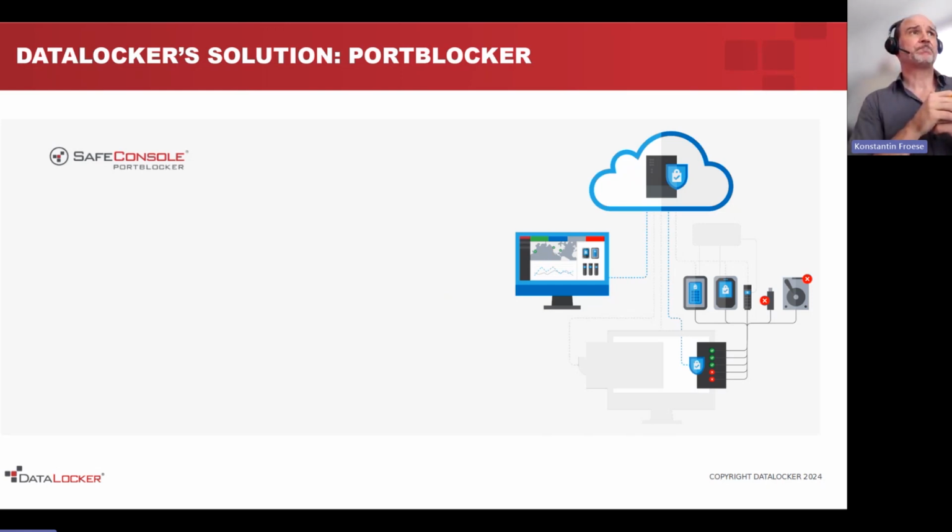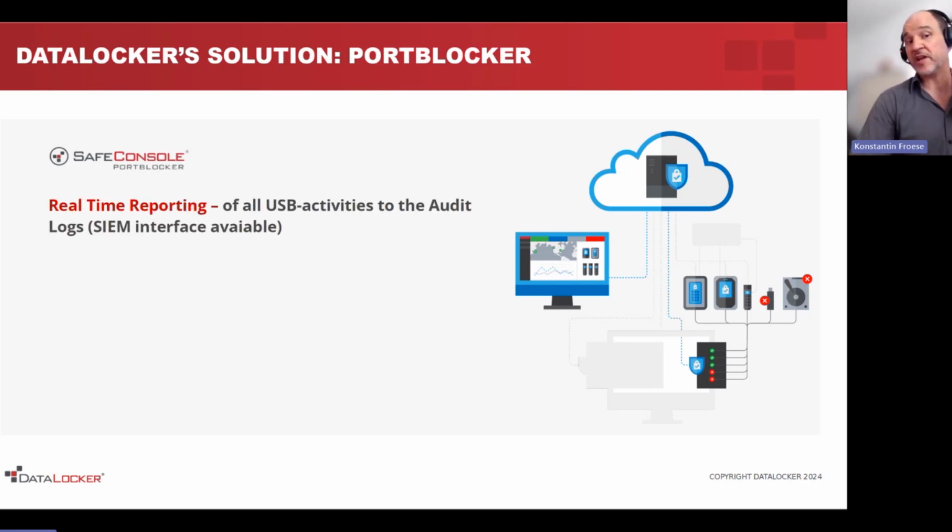Over the years, and based on responses we had from customers, we added some tools. Just to give you a brief idea, I would like to introduce three of those, which can be super helpful and make life really easier. Number one is real-time reporting, which means that you see who uses which USB device.